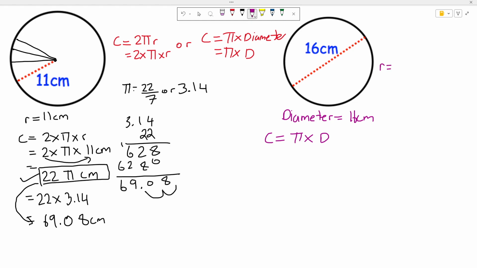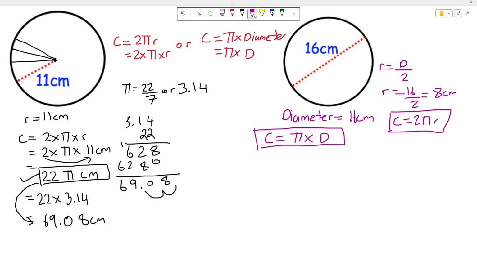We know the radius is the diameter divided by 2, so in this case the radius will be 16 divided by 2, which is 8 centimeter. So you can use C is equal to pi d when you know the diameter, or you can use C is equal to 2 pi r since we know the radius. Whichever you use, the final answer is still going to be the same guys.